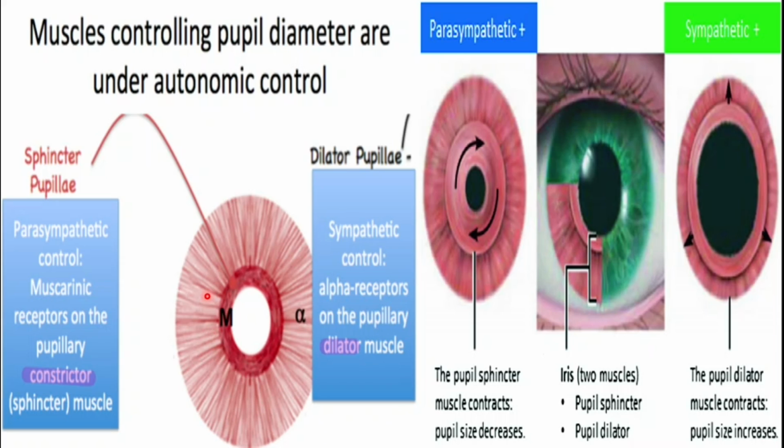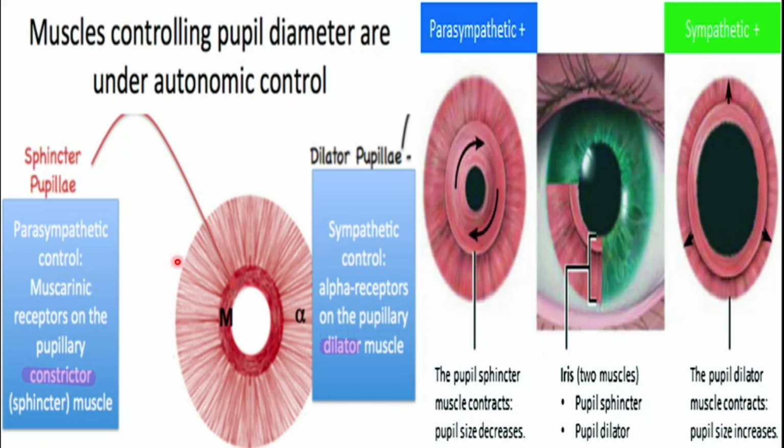So it means that stimulation of the parasympathetic nervous system will stimulate the muscarinic receptors on the sphincter muscles, causing their contraction, which will reduce the size of the pupil and cause miosis. Similarly, stimulation of the sympathetic nervous system will stimulate the alpha receptors, causing contraction of the radial muscles, which will increase the size of the pupil and cause mydriasis.